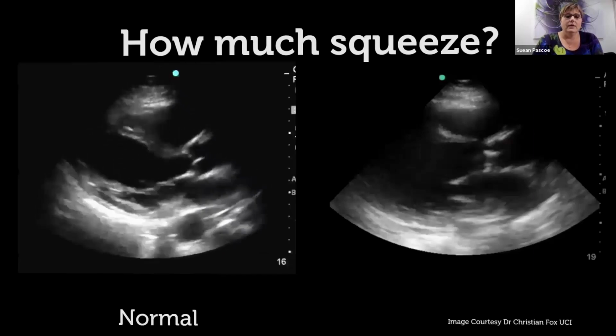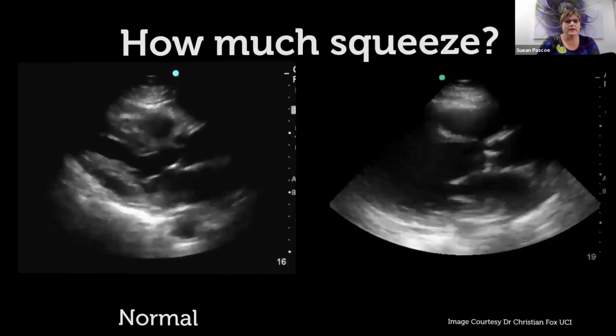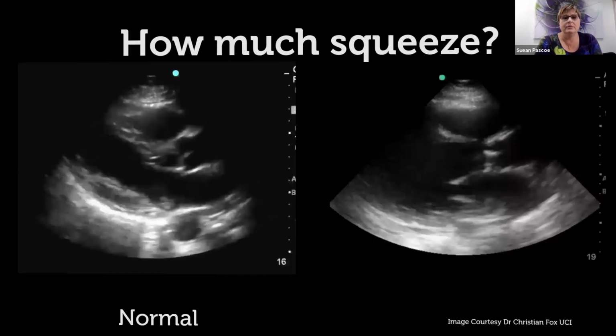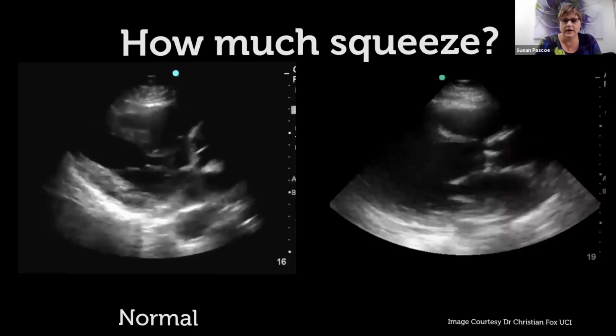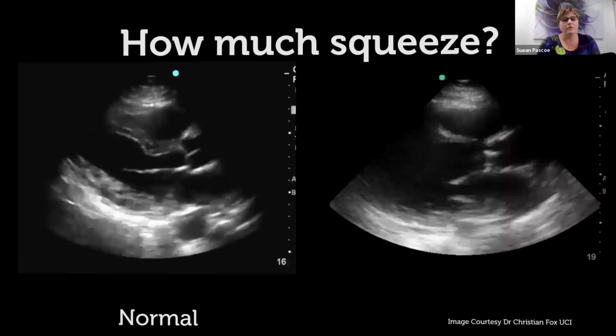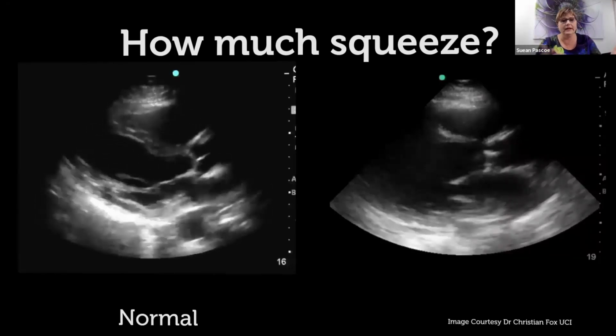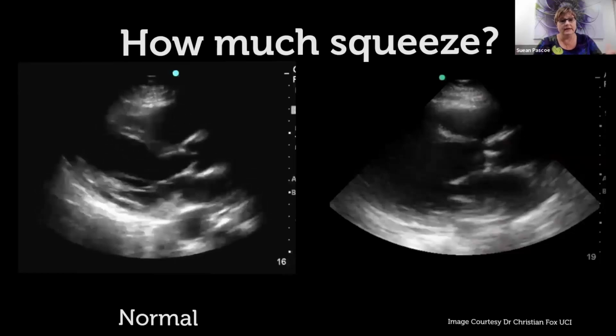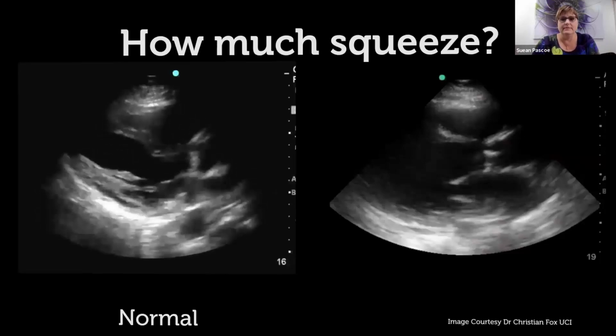The next thing we're going to look at is how much squeeze is there. So here's an example of the parasternal long axis view, again, normal parasternal long axis view that shows normal fractional shortening. Now, fractional shortening is the technical term for how much squeeze is there.